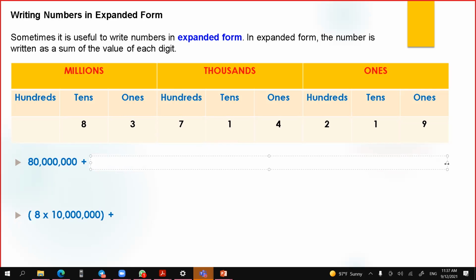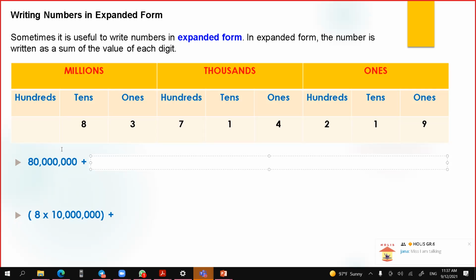Okay, this number here, I want now to write it in the expanded form. Do you remember what the expanded form is? Yes, Hunada. Look at me.